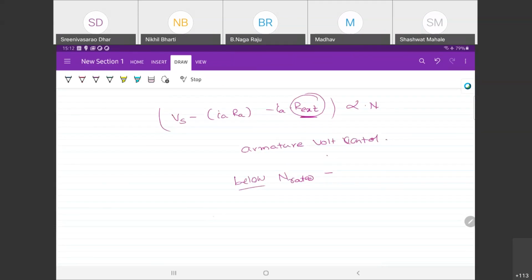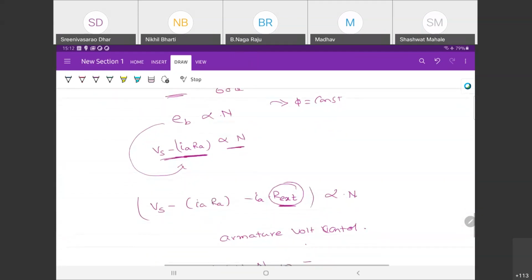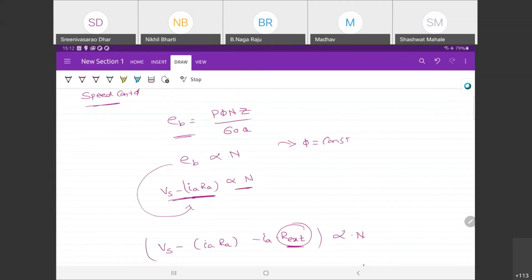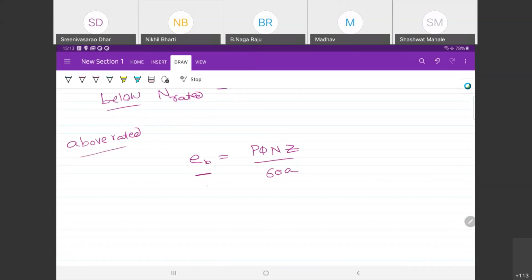To obtain above rated speed, we have to use the same thing, right? If you keep EB constant, in this expression P phi NZ by 60A, this equation can be varied like this.